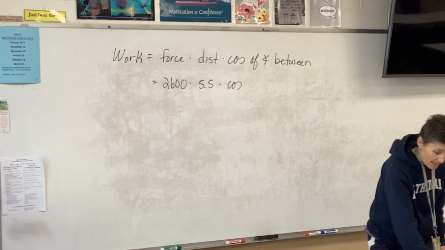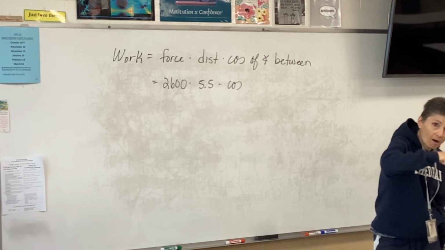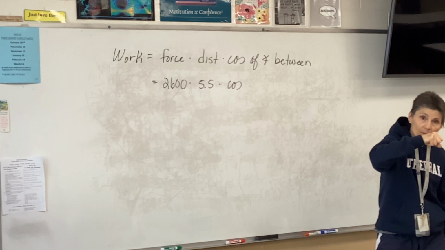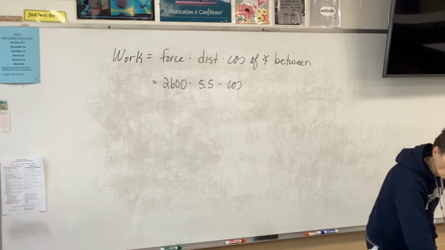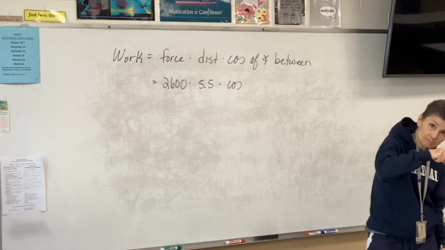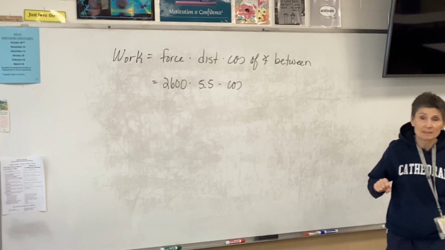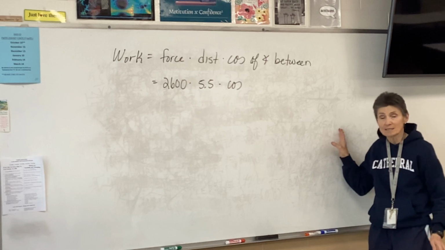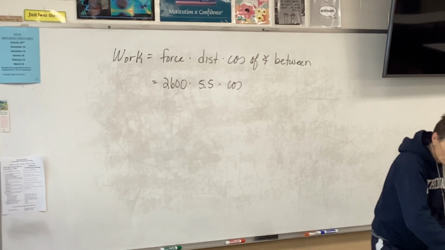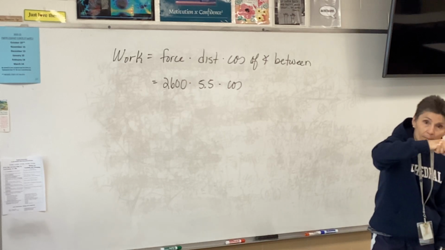And I'm going to lift that car straight up. My force is vertical. The car is moving vertical. It's not on a hill, not like the problems I just erased. I am lifting this car straight up.